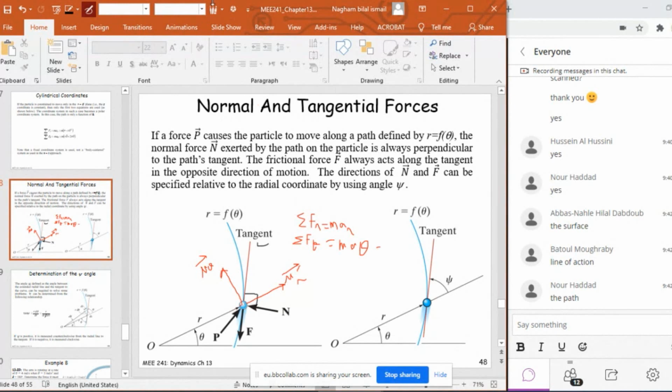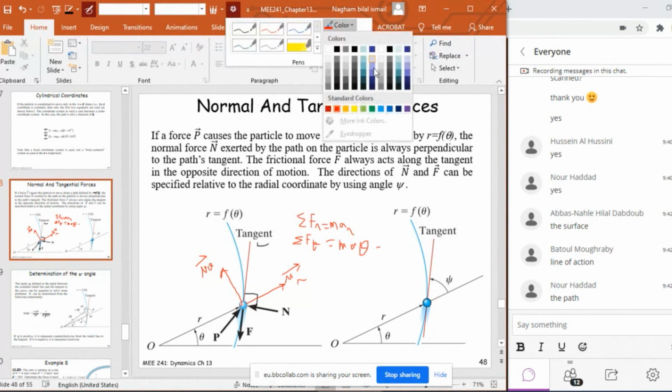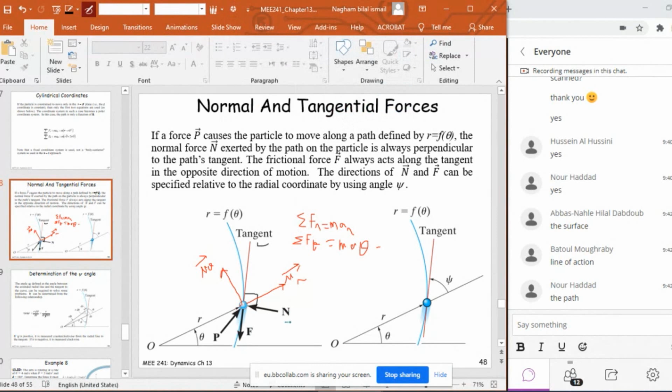However, guys, if you take a look at the normal force, can I know the projection of this normal force on UR or on U theta? I need to know the projection of this normal force on one of these two directions so that I can do the equation of motion.